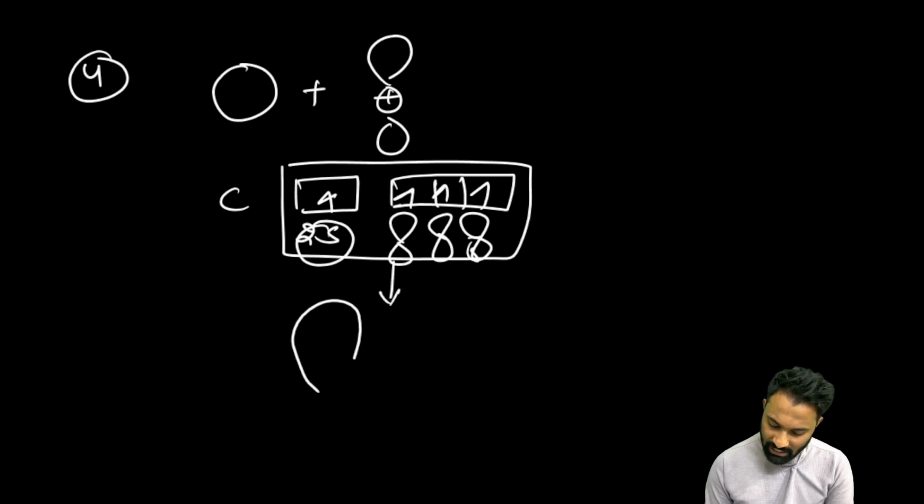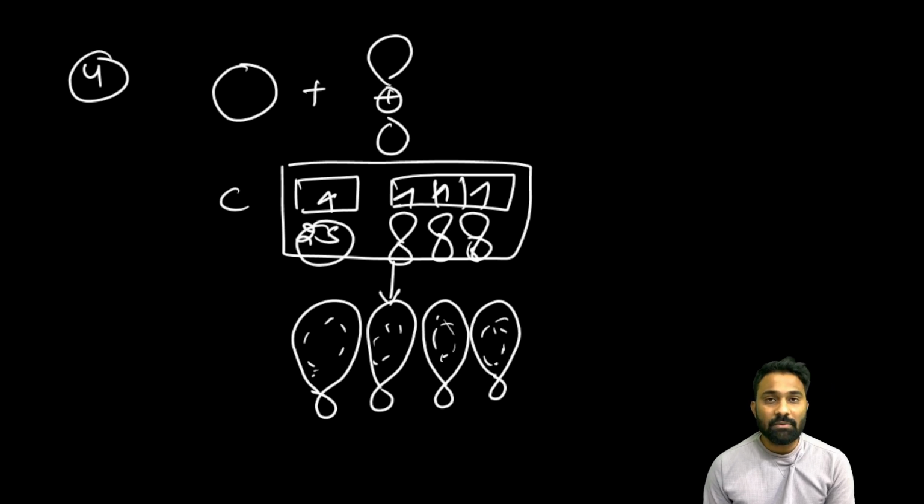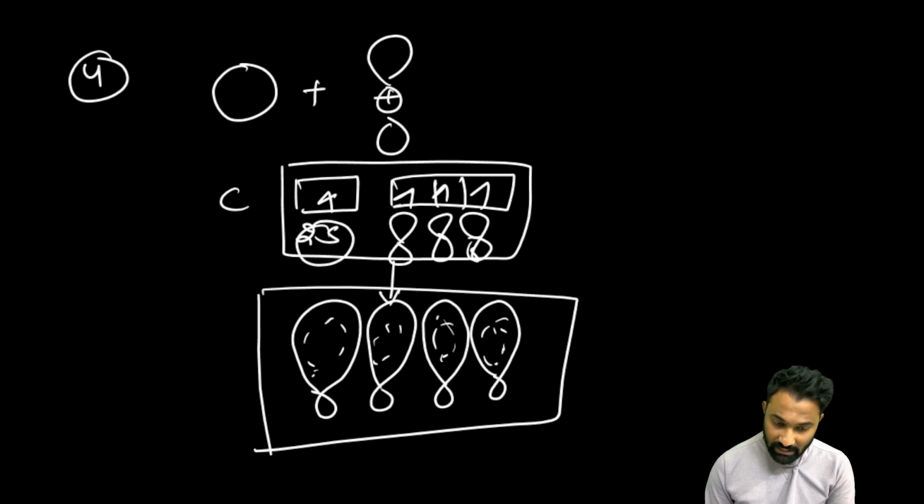The hybridized orbital shape will be like this: one lobe will be larger, another lobe will be smaller. Clear? In this manner the hybridized orbital will be there.